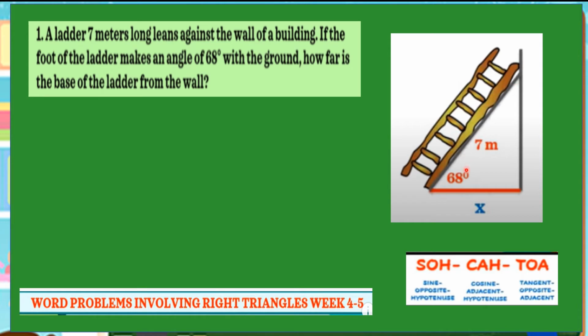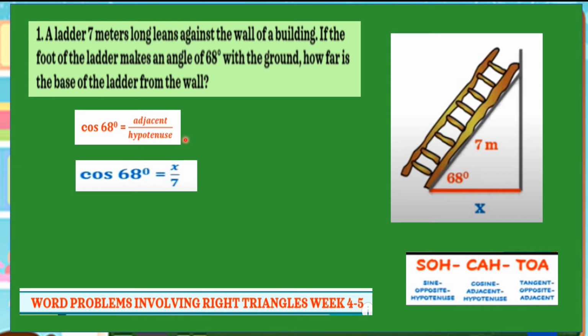So, hypotenuse and adjacent side, we are going to use cosine. So, cosine 68 degrees is equal to adjacent over hypotenuse. So, substitute natin ang given. We have cosine 68 degrees is equal to x over 7.